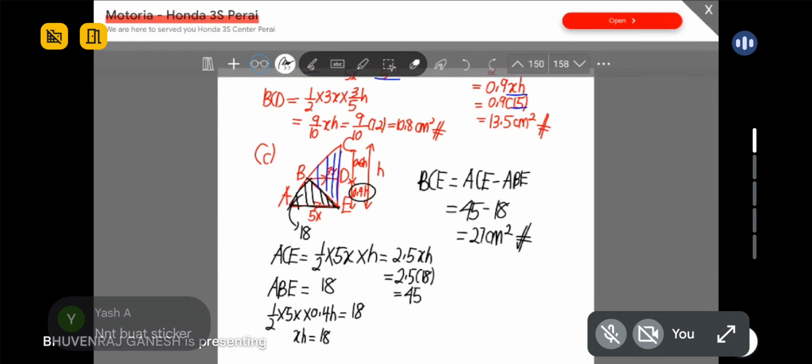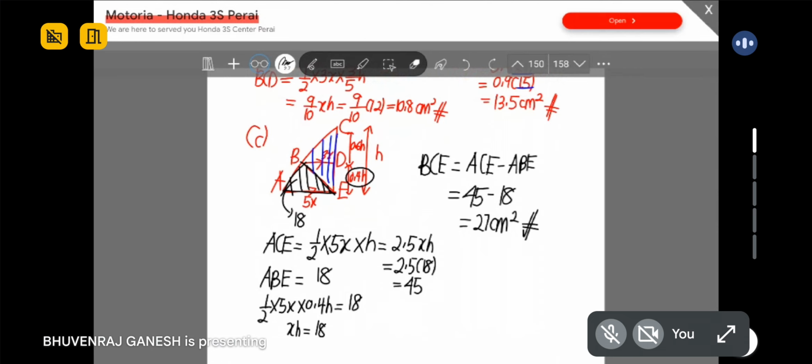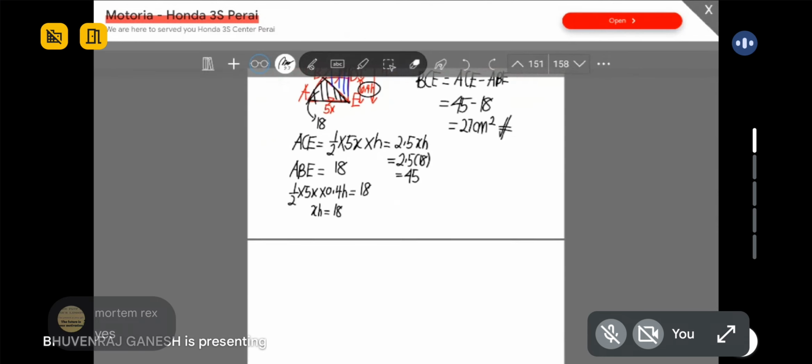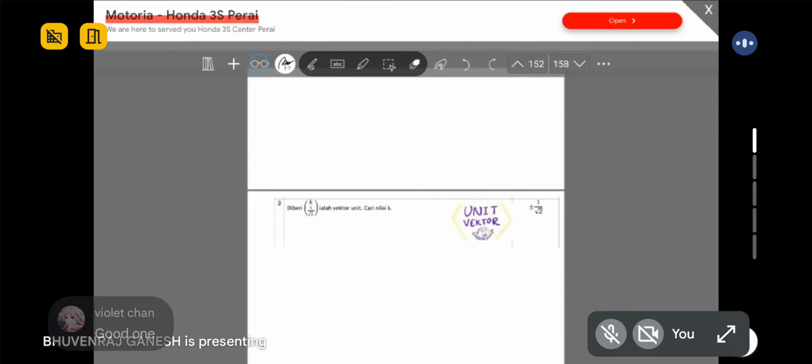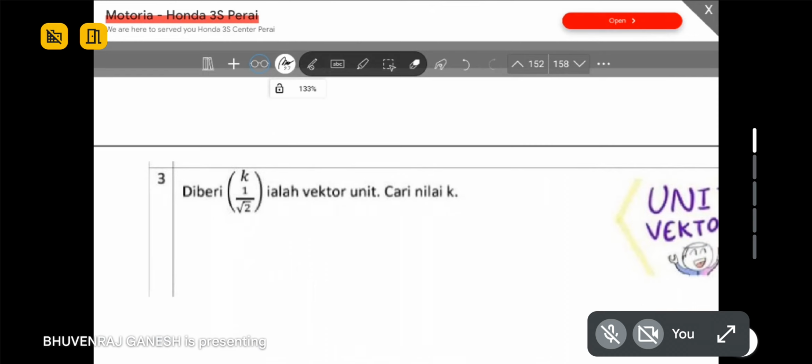Morten Rex, you take my face because you want a sticker, is it? Oh, you're very smart, I asked you to take picture of this and then you suddenly ask this one. Later you share to me how is the sticker. See whether I approve or not. You guys very smart nowadays.